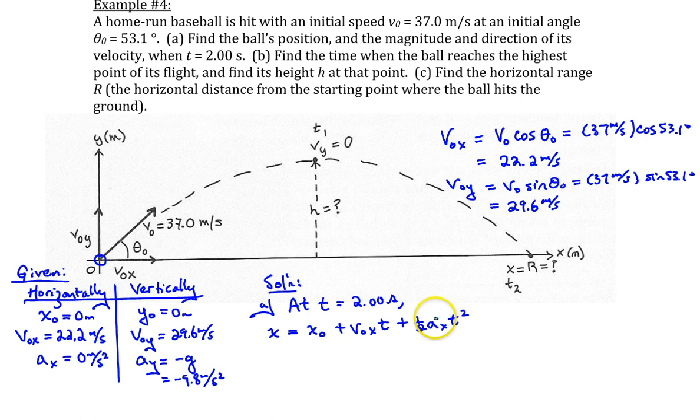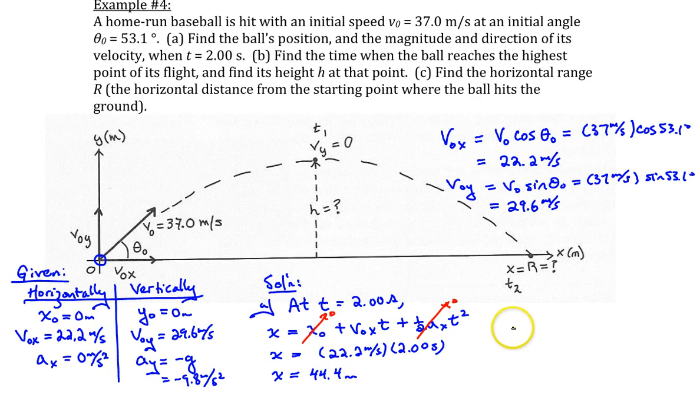But we know that the acceleration horizontally is 0, and we also know that we set the origin where x sub 0 is 0 as well. So now we substitute in here, and we get x equals 22.2 meters per second times 2.00 seconds. And that will get you a horizontal position of 44.4 meters.